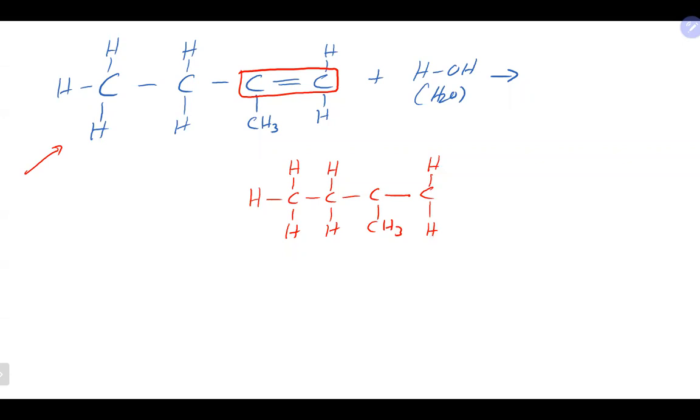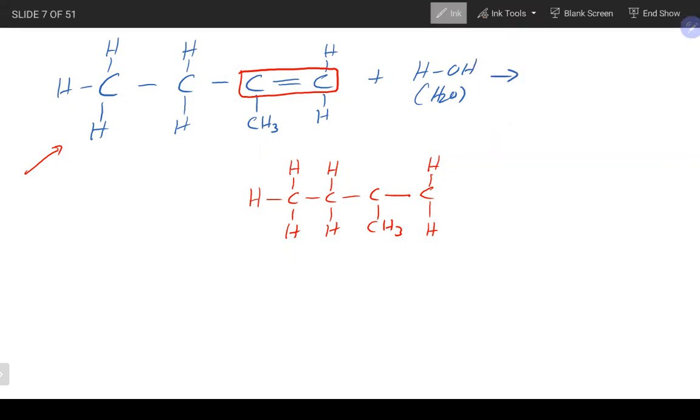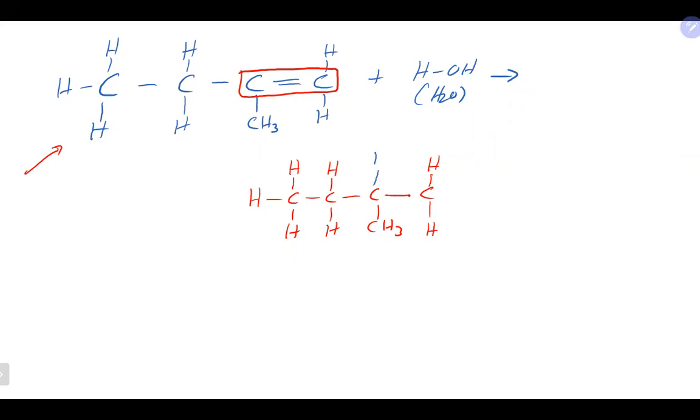But now we have kind of a choice as to where we can maybe put the H or the OH. We could do two things. We could put the H, for example, here, and the OH here. That's one option, right? Each one gets it. The other option would be to basically do the opposite.